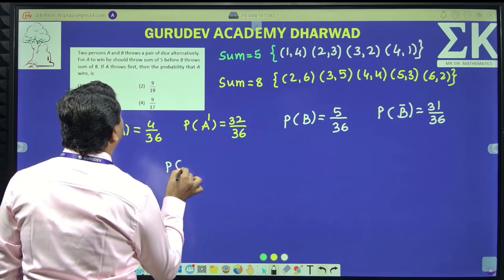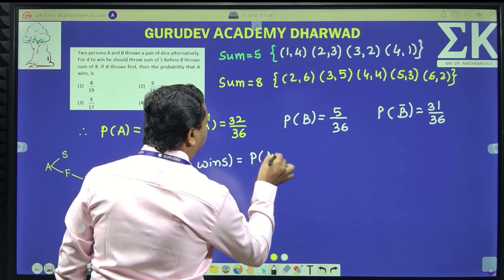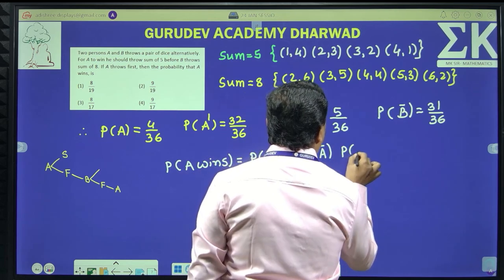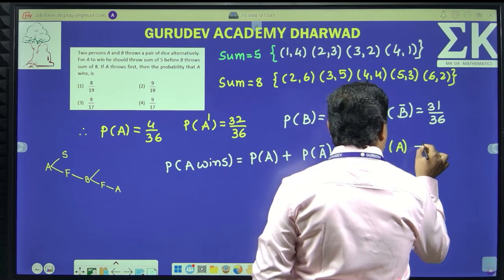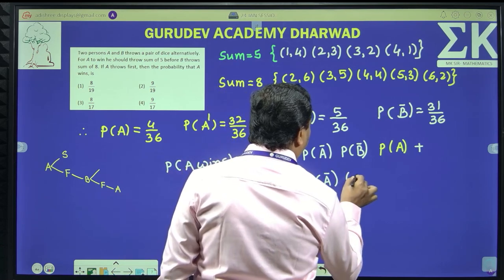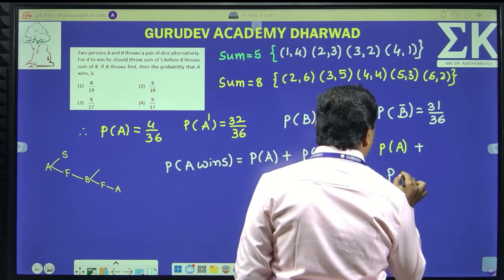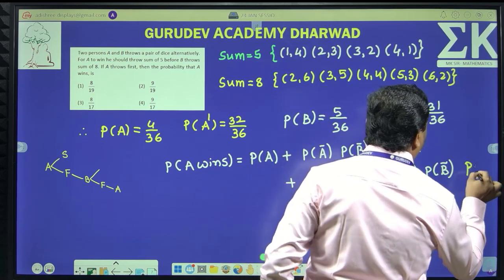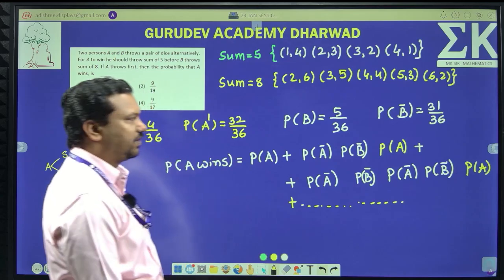What is the probability that A wins? The possibility is A may win in the first throw, or A fails, B fails, then A wins, or once again probability of A fail, probability of B fail, again probability of A fail, probability of B fail, again A wins, plus it goes up to infinite times. There is no restriction for that.